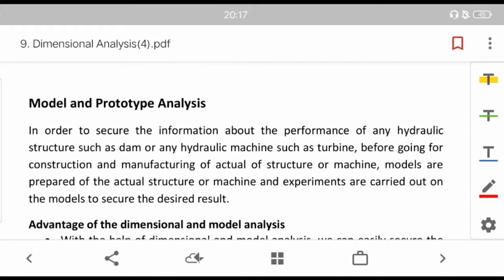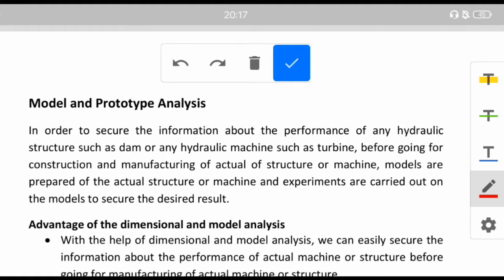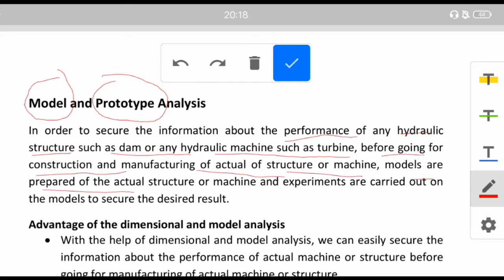So let's start with the model and prototype analysis. Just try to guess what a model and a prototype are. In order to secure information about the performance of any hydraulic structure such as a dam, or any hydraulic machine such as a turbine, before going for construction and manufacturing of the actual structure or machine, models are prepared and experiments are carried out on the models to secure the results.